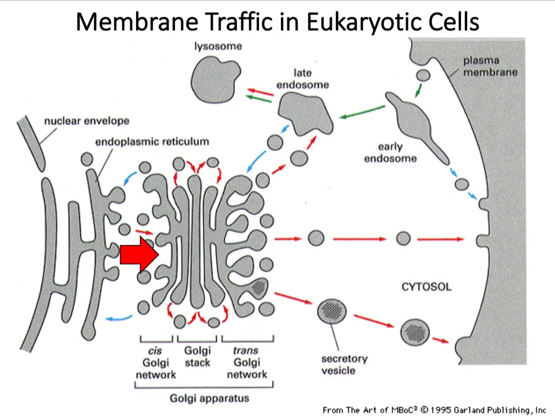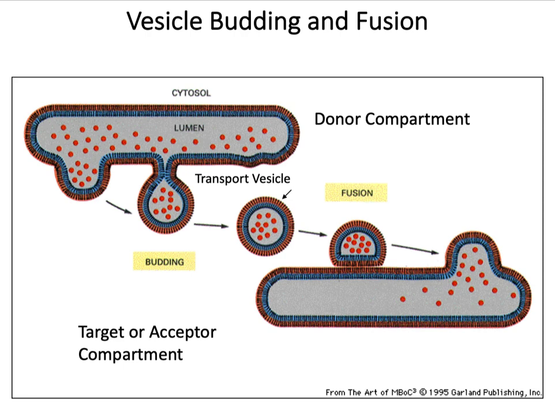So the next step for this protein is to move from the endoplasmic reticulum to the Golgi, as shown here. So how do these vesicles move from ER to the Golgi? All of these compartments along the secretory pathway communicate with each other through vesicle trafficking.